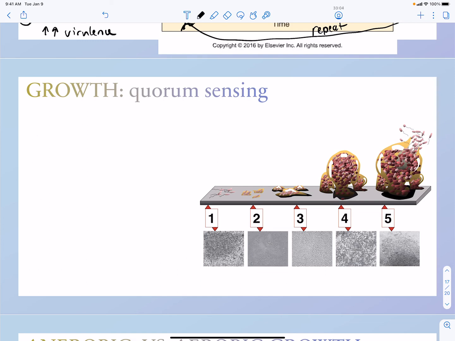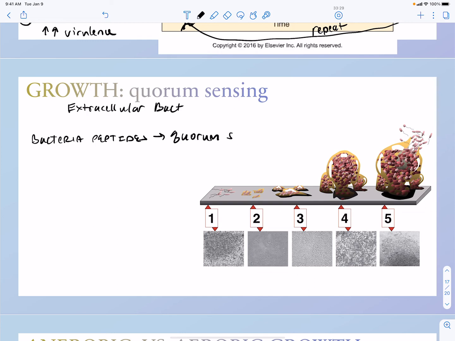So with respect to quorum sensing for extracellular bacteria, you have peptides, so bacteria peptides. And these are going to be a quorum signal. So basically what happens is that you're going to have a small number of bacteria initially.